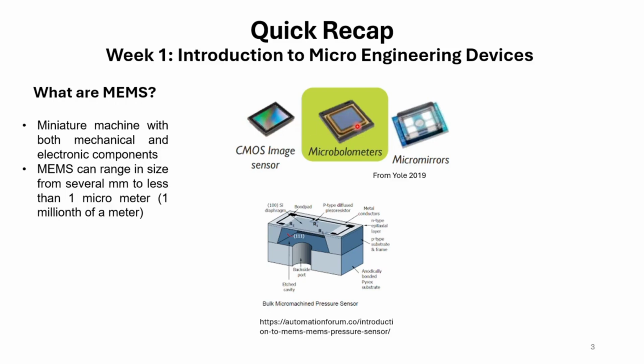Microbolometer is used as a detector in a thermal camera. Micro mirrors are used to deflect optical signals, and they also find application in projector displays. Pressure sensor is used to measure the pressure. So here we have various devices that are used to sense various phenomena.